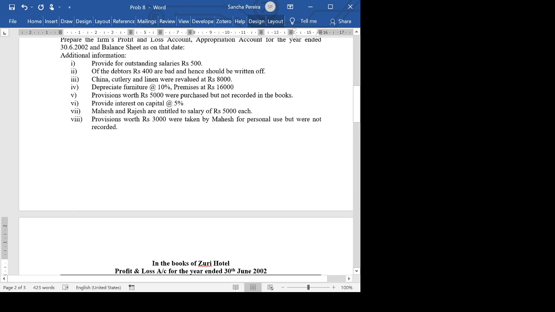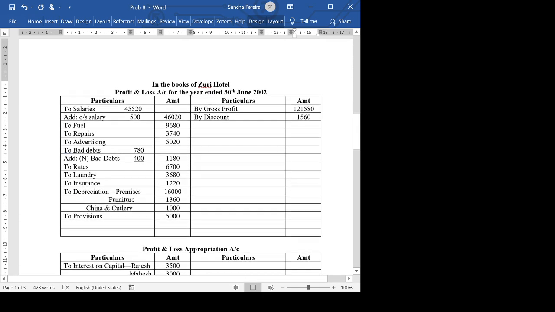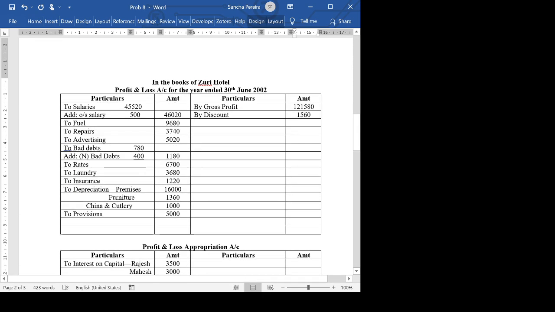Then we have provisions worth rupees 3,000 that were taken by Mahesh for personal use but were not recorded. So what has he done? Like goods withdrawn by proprietor. Or if you remember in the initial problems, accommodation and meals that were used by the proprietor. He's taking goods. Normally, we would show this as minus from purchases or goods withdrawn by proprietor.